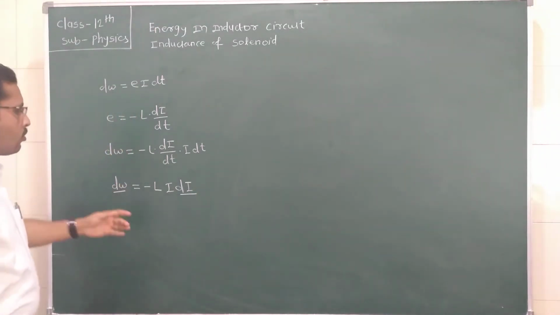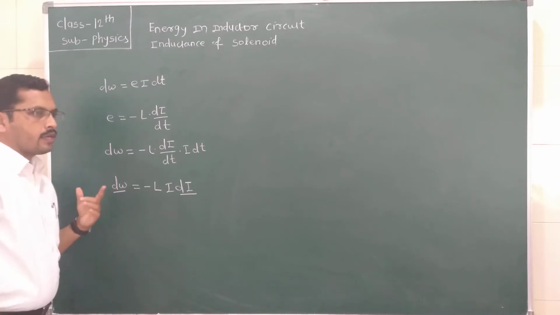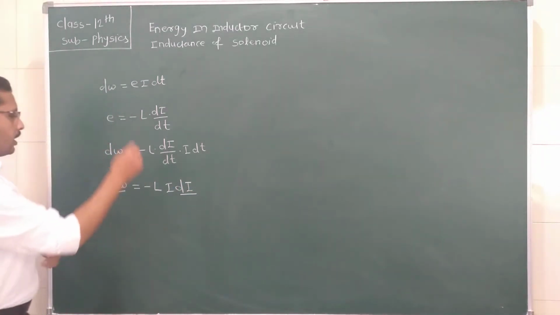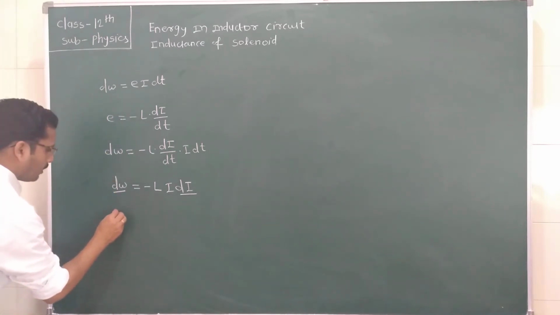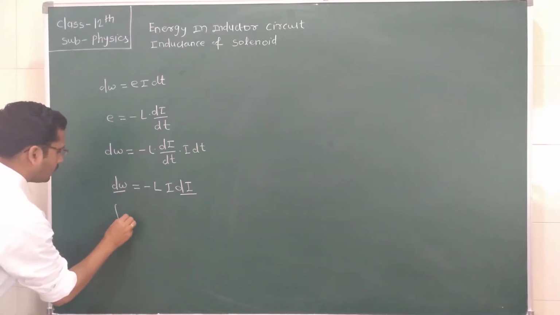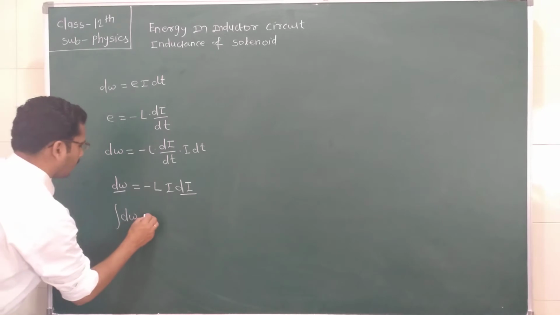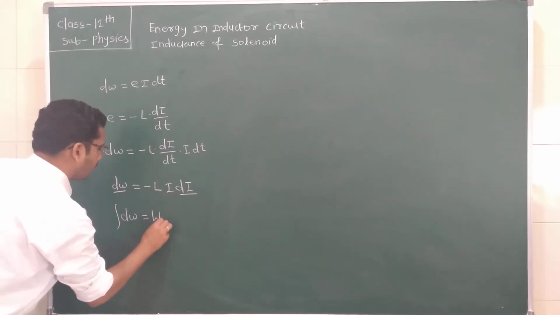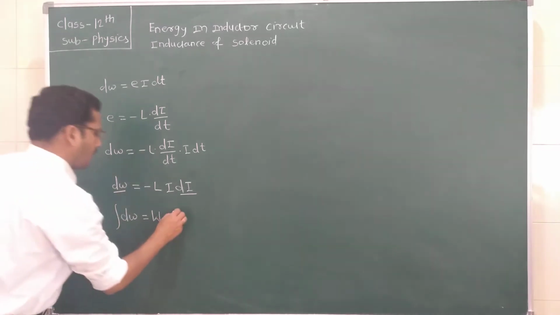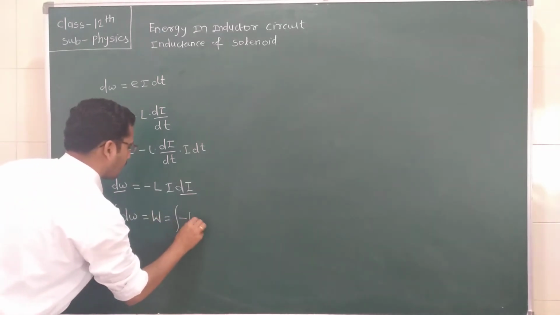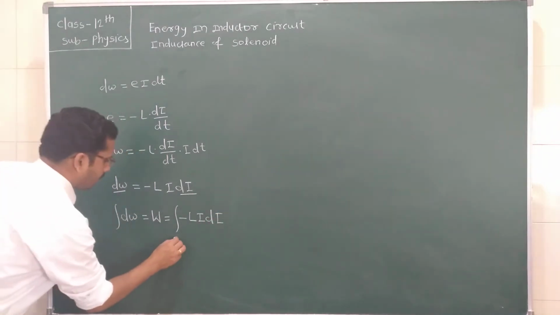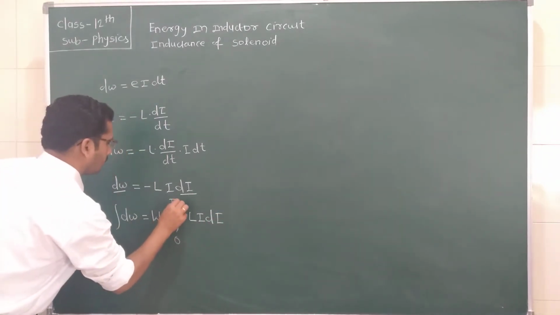Now this is a small work done. If we want to calculate the total work done, we must integrate this equation. Integrating dW gives W, which is equal to the integration of minus L I di within the limits 0 to I0.